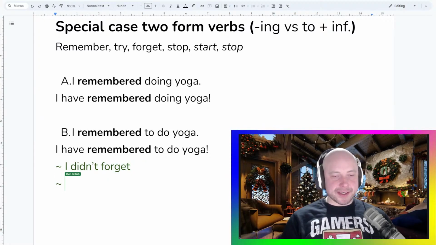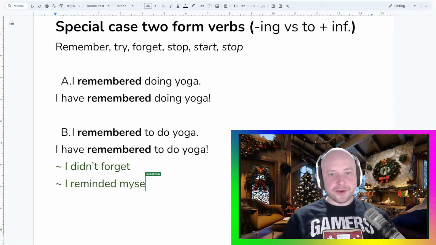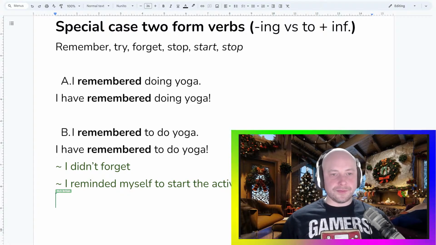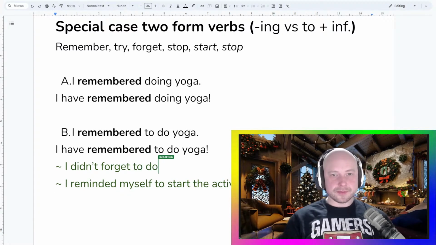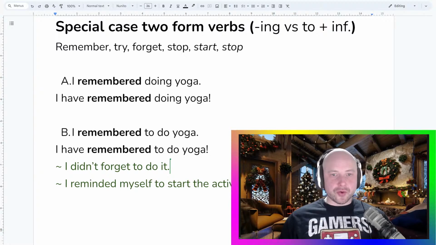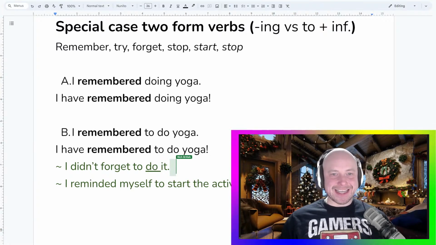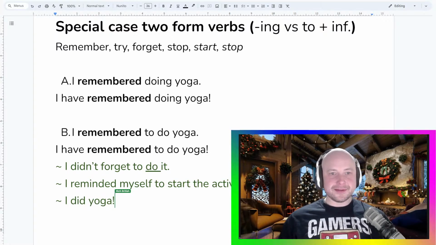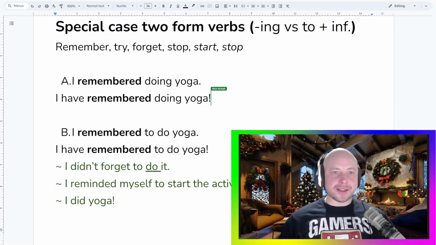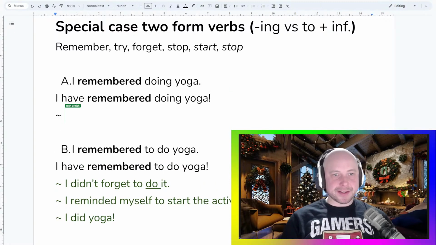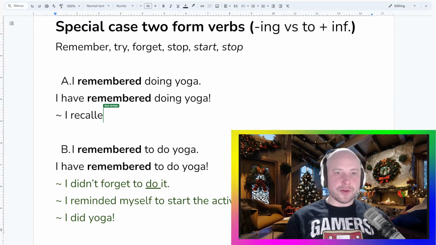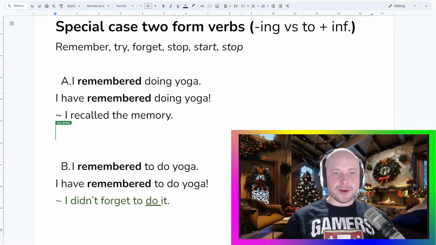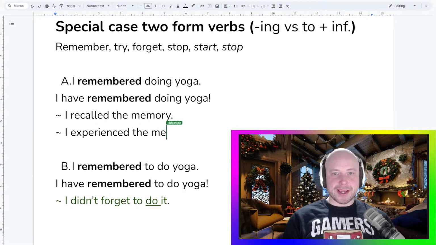Another way to say this is I reminded myself to start the activity. I didn't forget to do the activity. That's the key part, isn't it? That I did it. I have remembered to do yoga means I did yoga. Whereas I have remembered doing yoga means I recalled the memory. So I experienced the memory in my head.